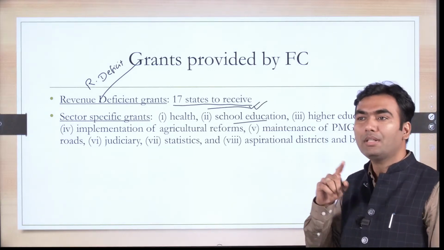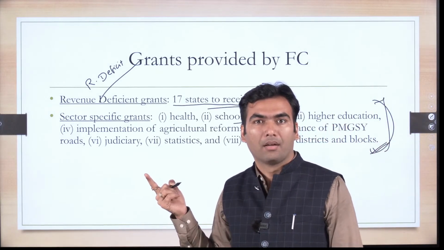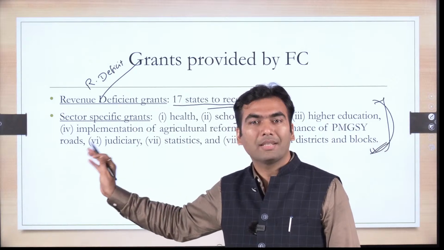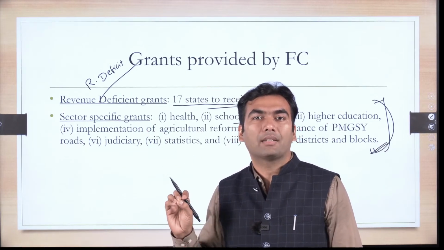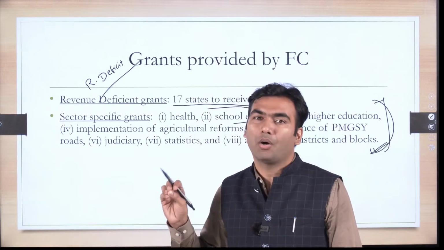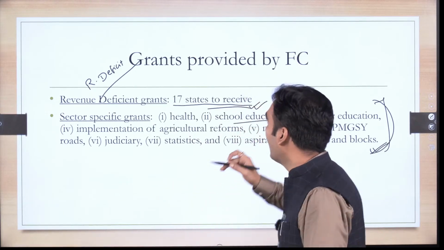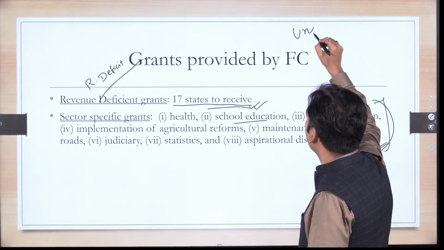Whereas the devolution using the formula we have just studied is at the discretion of the state government how it wants to use it. That is an untied fund.